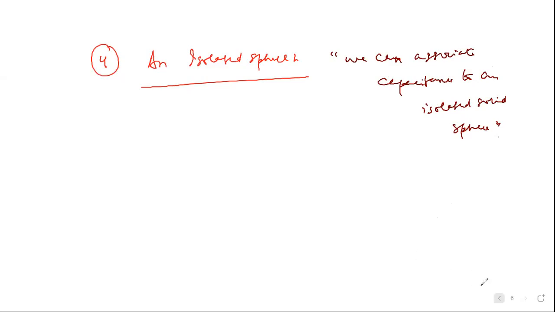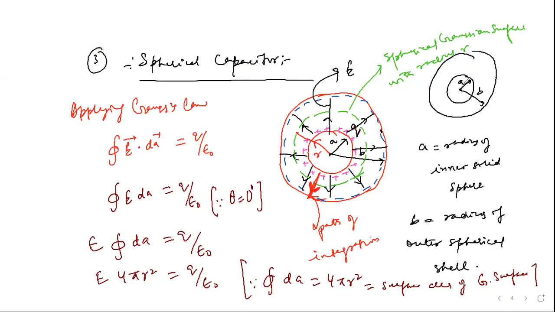In the spherical capacitor, we have an inner solid sphere of radius A and an outer spherical shell with radius B. We can let B tend to infinity, so that our second plate is at infinity, then the capacitance of the capacitor will be simply associated with the capacitance of the inner solid sphere.